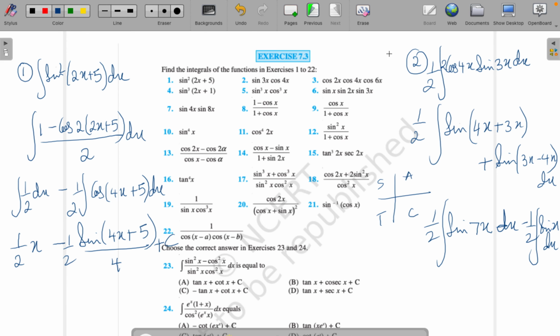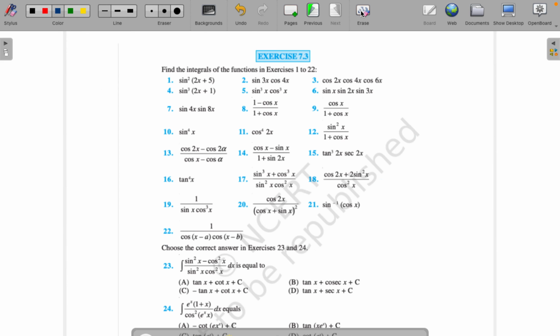All right, so this is how you will go about question number 2. Suppose we have to solve question number 3 now. Again, question number 3, same formula, cos 6x. I told you to just write it this way so that it becomes a little easier and we don't have to use the quadrant formula to check the sign.